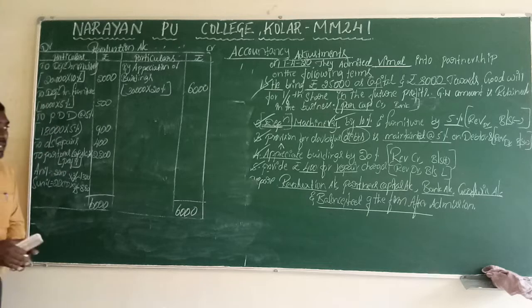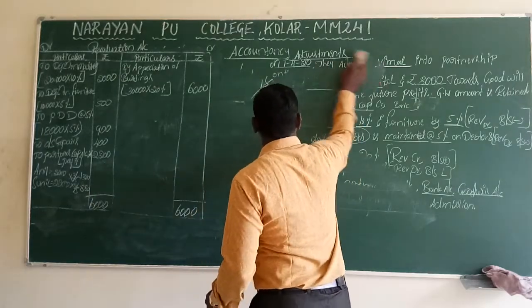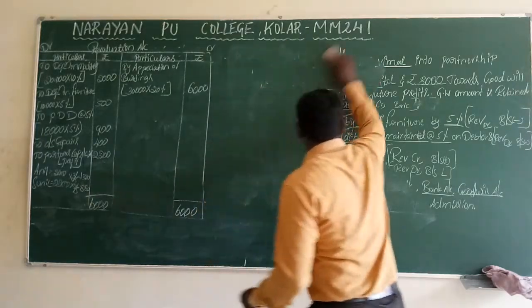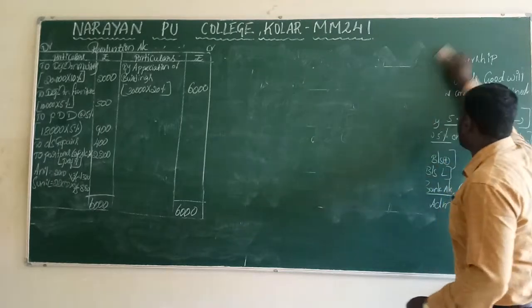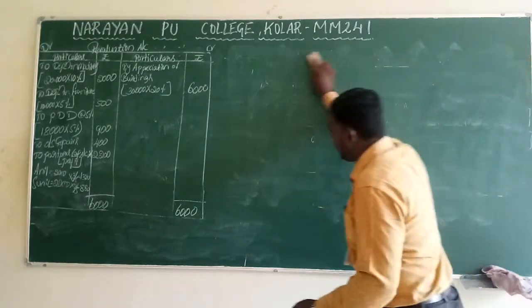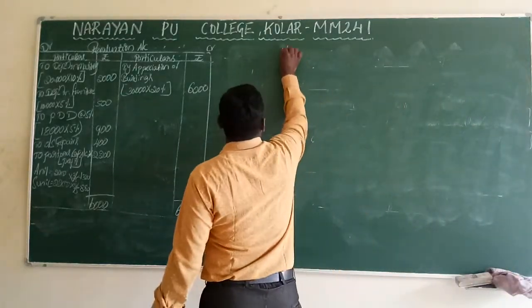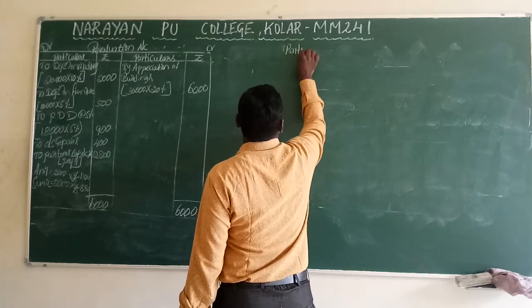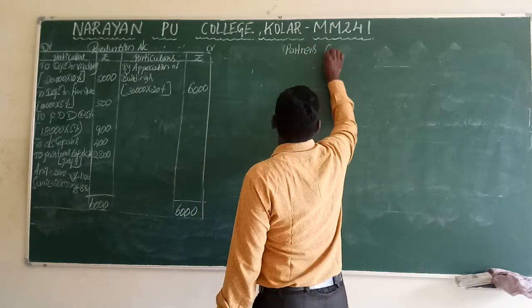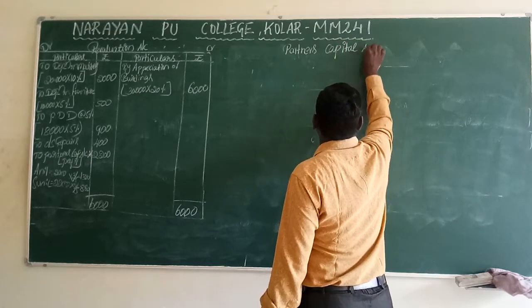So the second account is partners capital account. In the beginning only two partners are there, but after that they have three partners. We have to prepare the account of all three partners at a time only. Next account is partners capital account.